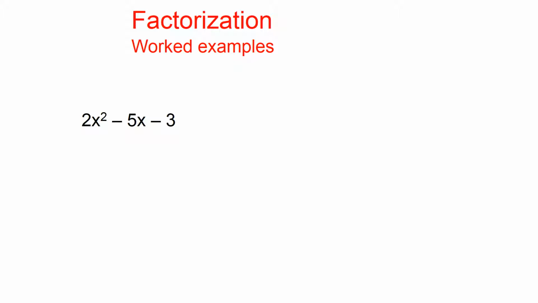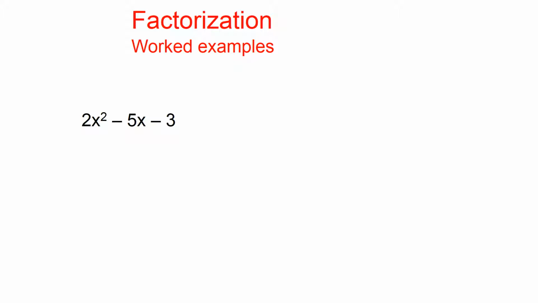But we now have to think about how we will times these numbers together to get 5. And this 2x here does slightly complicate things. So if we think about how we would multiply out this bracket now, let's just put some pluses in there for now. They're going to be wrong.